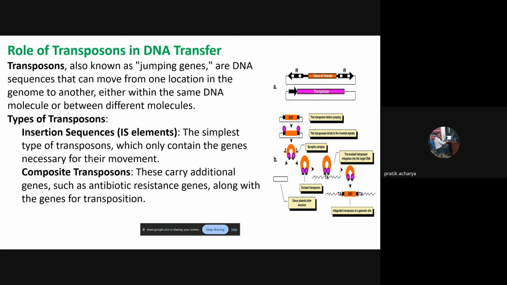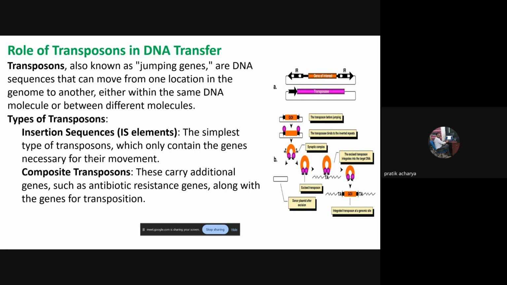The effects of transposition can lead to duplication of genetic information, which can change genome size and modify gene expression patterns. Once genome size and gene expression patterns are changed, that leads to a change in the genome. We can say it is the evolution of the genome.